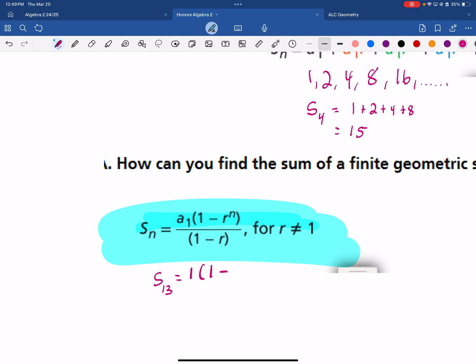Well, what's the ratio? How do I get from 1 to the next? Multiplying by 2. So my ratio is 2. My n value is 13. And all of that is going to be divided by 1 minus 2.